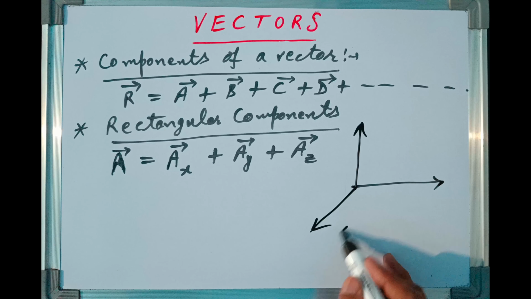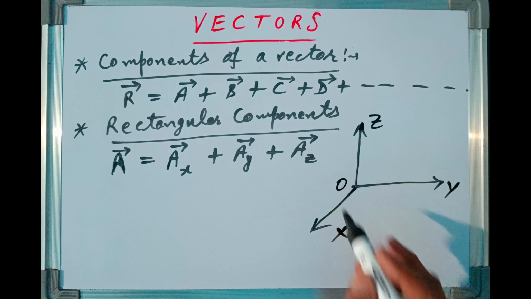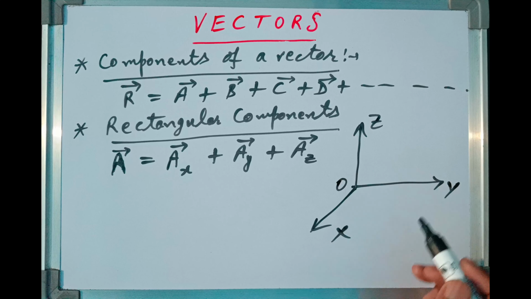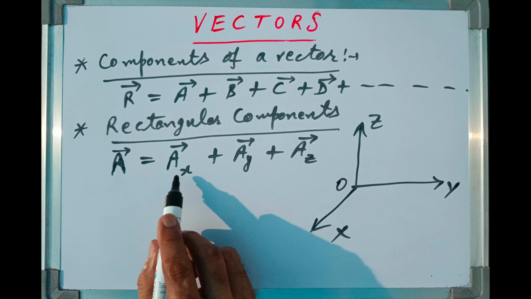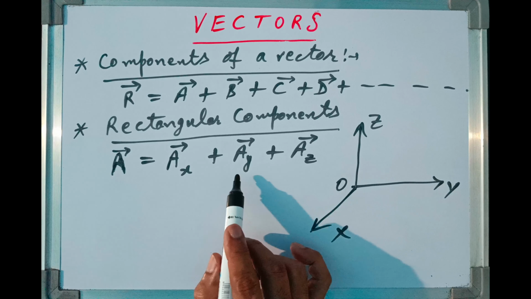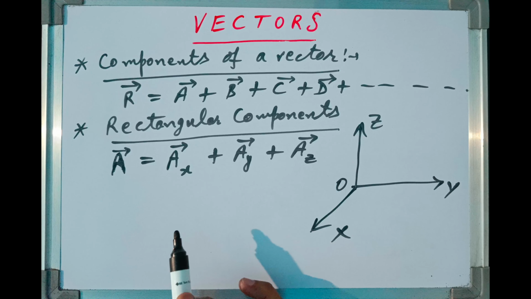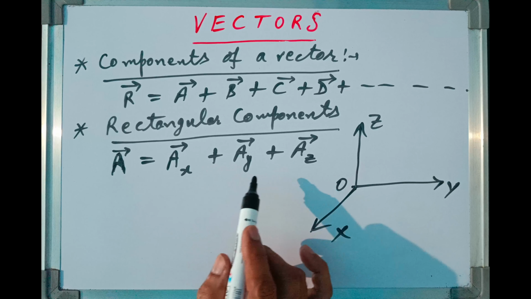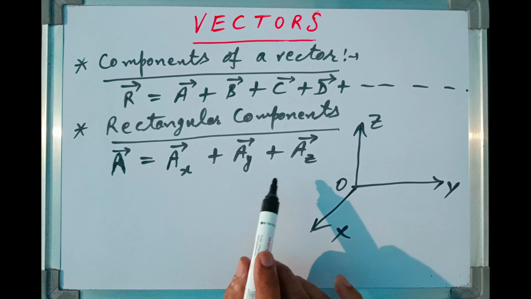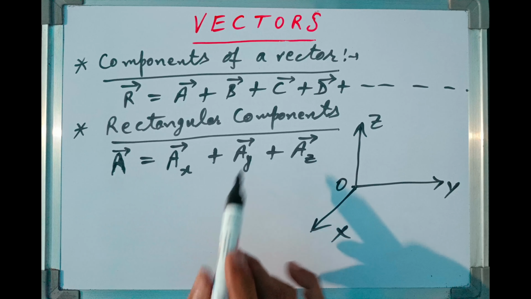We have x-axis here, y-axis, z-axis, origin. Suppose there is any vector A. If its component along x-axis is Ax vector, component along y-axis is Ay vector, component along z-axis is Az vector. So these 3 vectors into which a given vector can be split, which are mutually perpendicular, are called rectangular components.